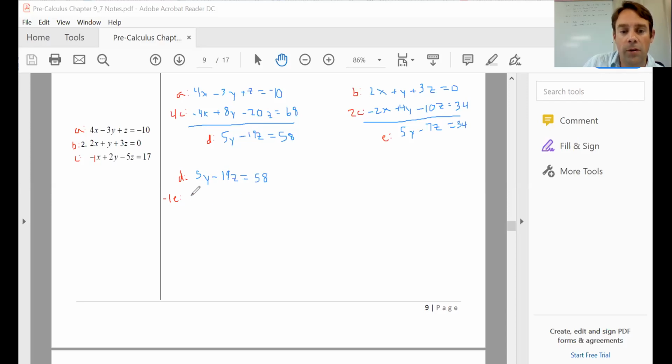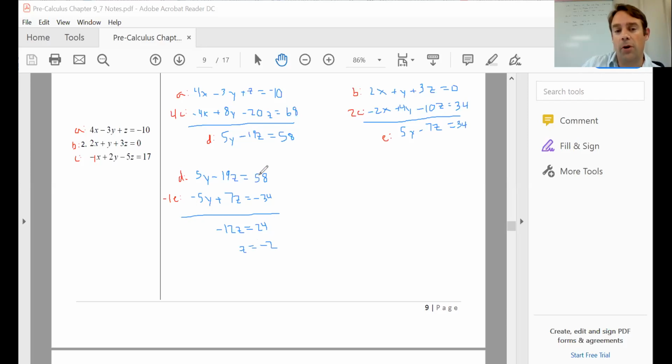And then negative 5y plus 7z equals negative 34. When I add them up, I get negative 12z equals 24. So when I divide by negative 12, I get z equals negative 2.